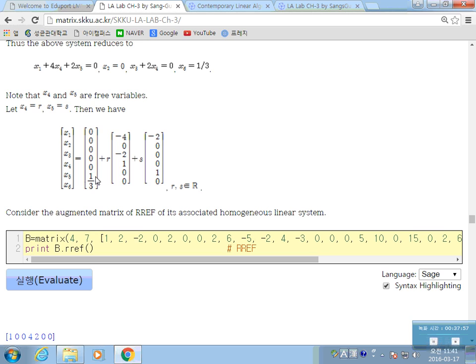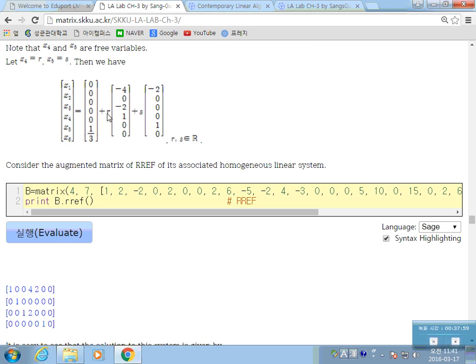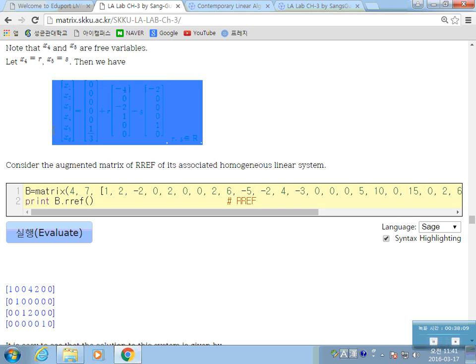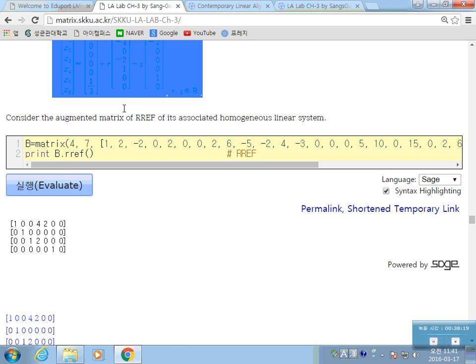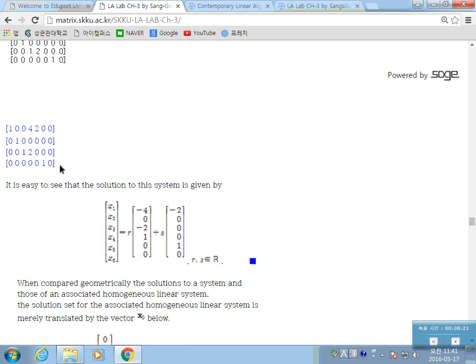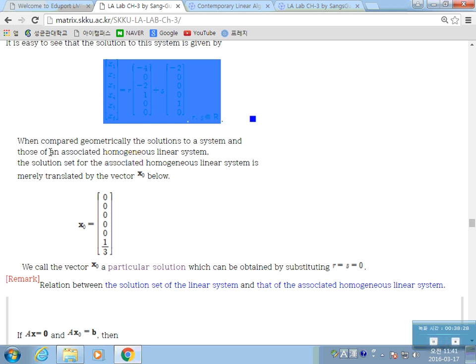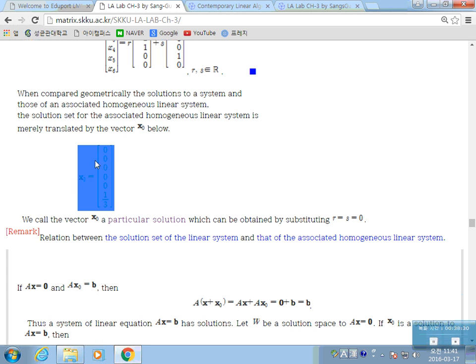Then the set of solutions for the homogeneous system plus this particular solution forms the whole set of solutions for AX is equal to B. This can be done in this way. With these equations, we have two free variables, and the solution sets can be found in this way. And here, this is the way to find the particular solution.